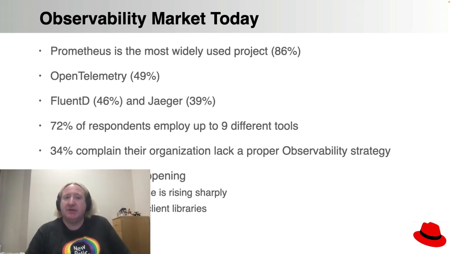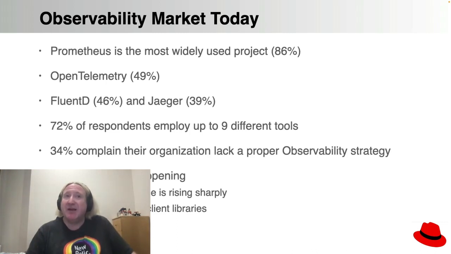We are already starting to see some signs of consolidation. The reason why we're focusing and we're so interested on OpenTelemetry is because the OpenTelemetry usage is rising sharply. It's risen to 49% in just a couple of years. Prometheus has been around for a lot longer, and it seems to have mostly reached market saturation. Whereas OpenTelemetry is only still, in some aspects, moving out of beta.